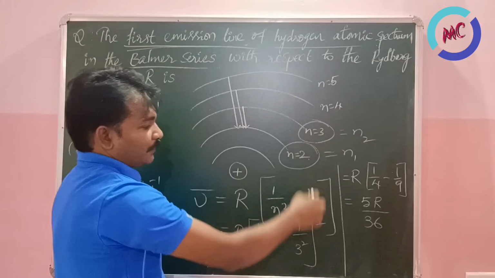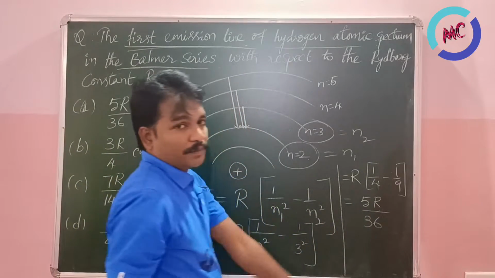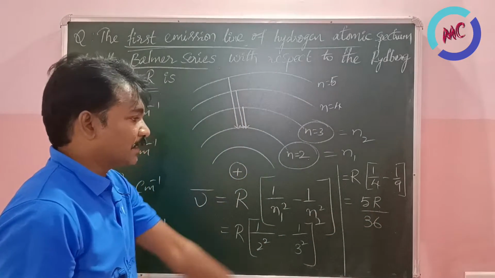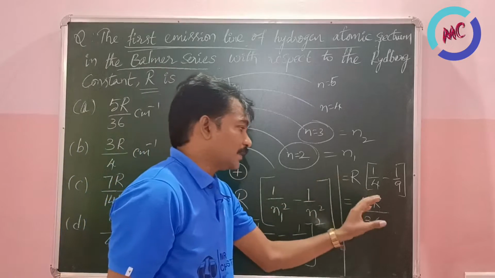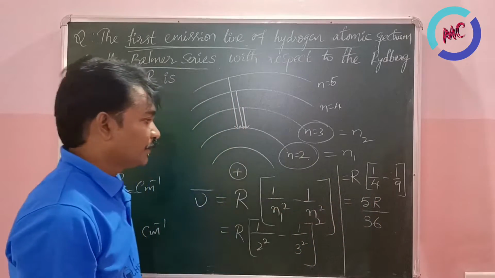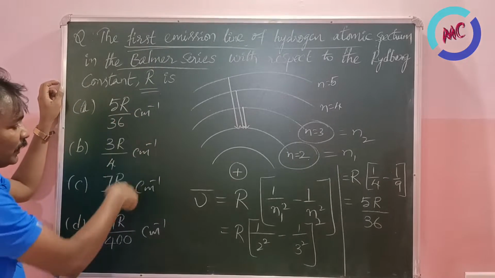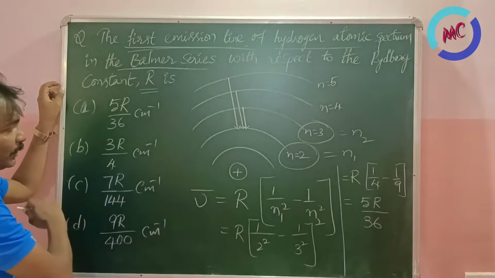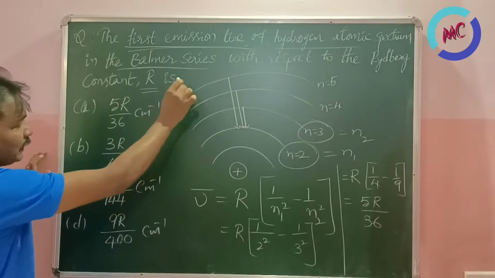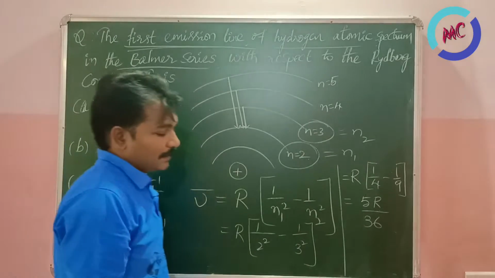They are asking with respect to the Rydberg constant, no? That's why without substituting the value of the Rydberg constant, I just wrote R as R. Now check the options given here. They are given in per centimeters. The first one is the correct option according to the calculation.